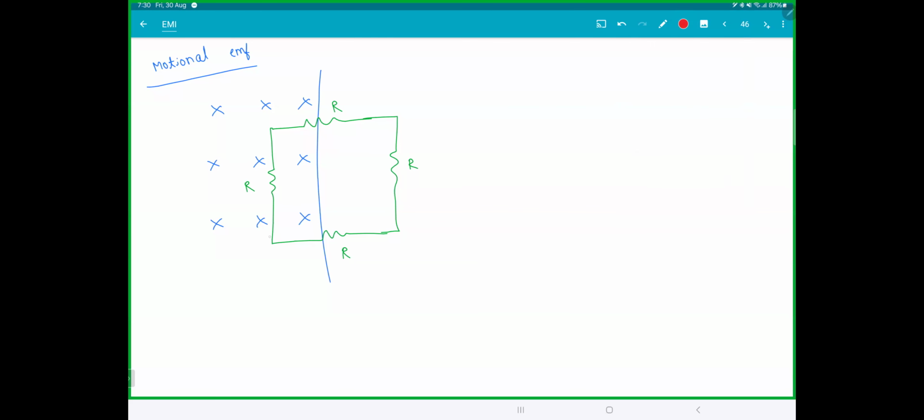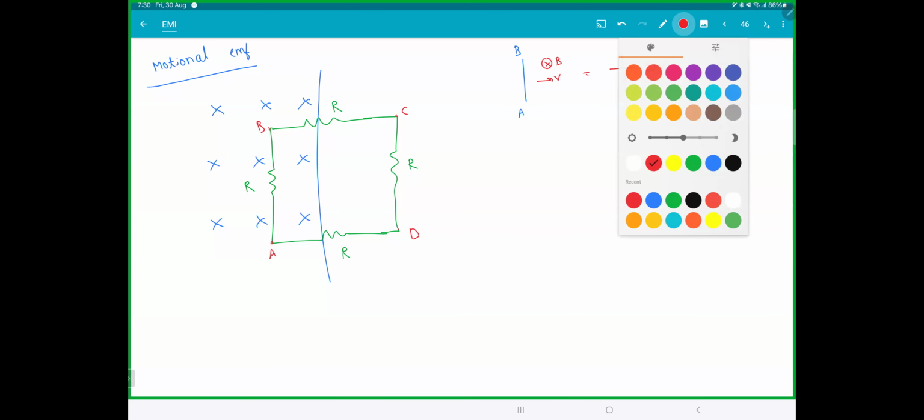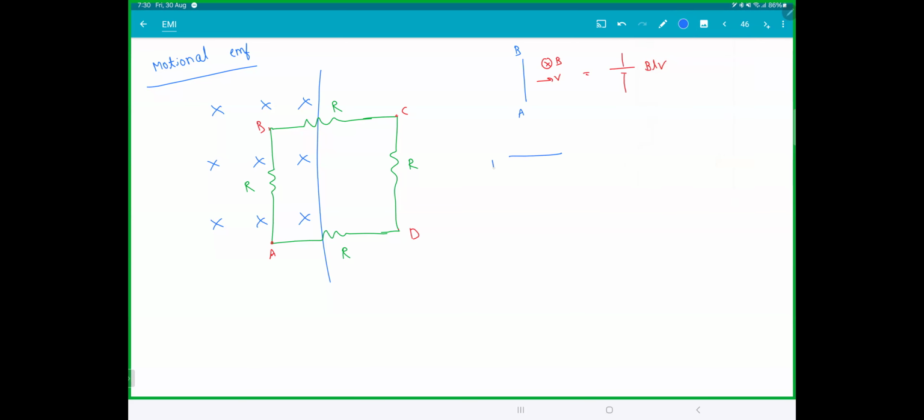the motional EMF will say this is A, B, C, and D. For this rod AB, the velocity V is this way, the magnetic field B is this way. So this acts like a battery, BLV. For the rod BC, the length is parallel to B and V. So EMF is 0.